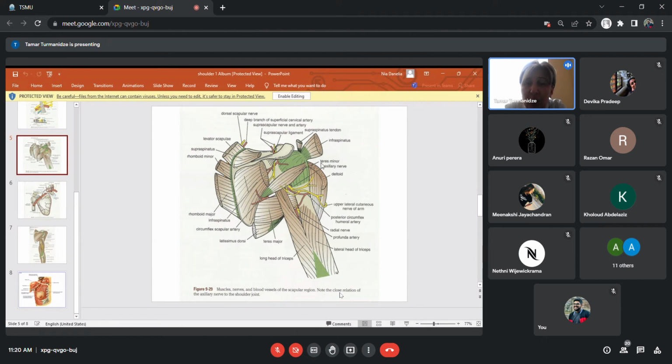Superficial layers of the deltoid region are skin, subcutaneous fat tissue, and superficial fascia. Cutaneous nerves on this region are supraclavicular nerves, branches of the cervical plexus, which provide innervation of the skin of this region.